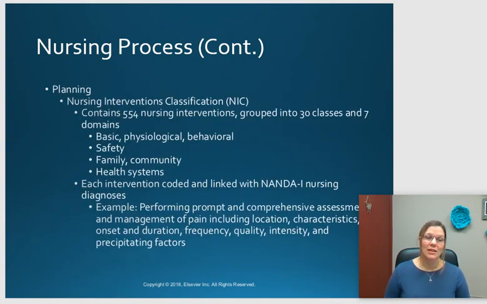Just like we talked about with outcome identification, in addition to standardized outcomes called NOCs, there are also standardized interventions called NICs. So when you're planning care, you're going to plan your NOCs and your NICs.